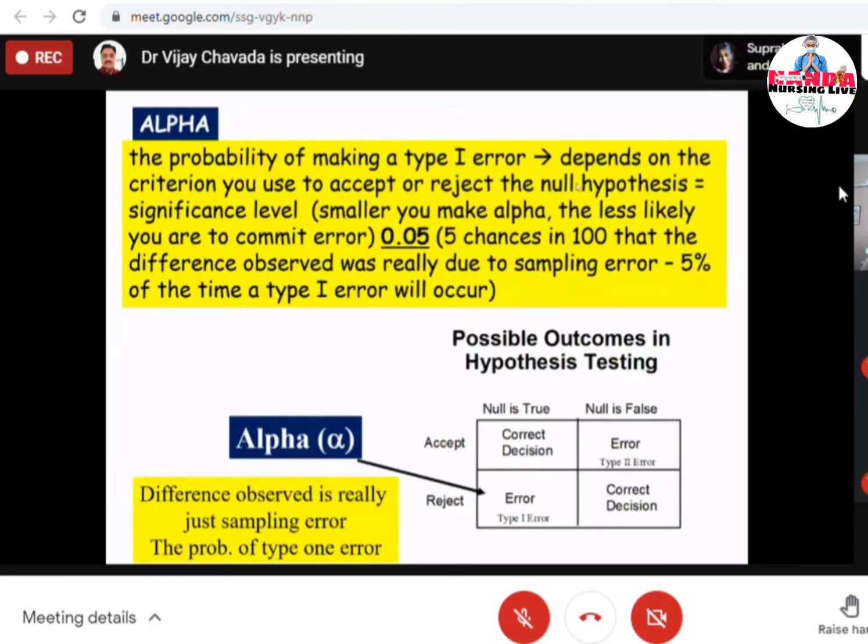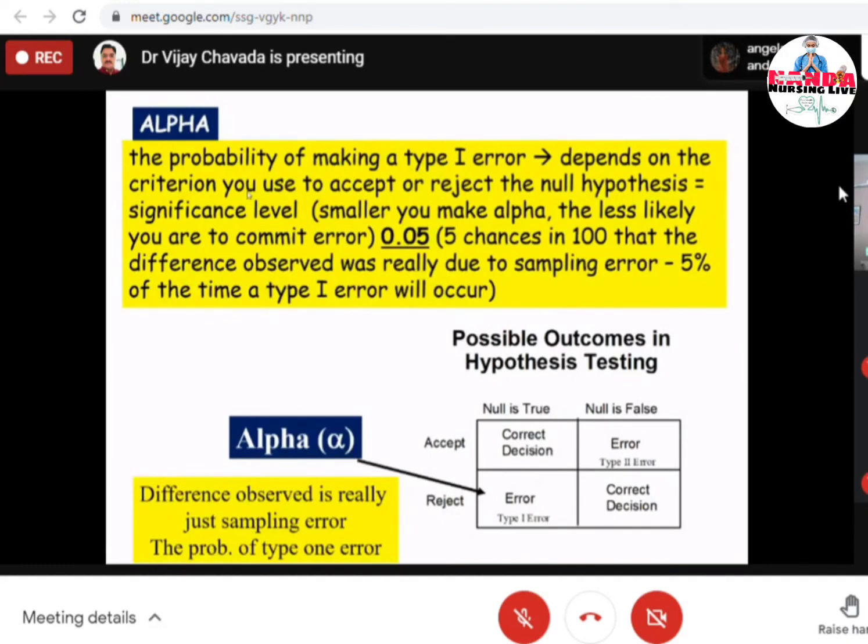Now here we have referred to type 1 error. This is the alpha level. Now what is the alpha level? It is the probability of making a type 1 error. It depends on the criteria to reject the null hypothesis, that is the significance level.